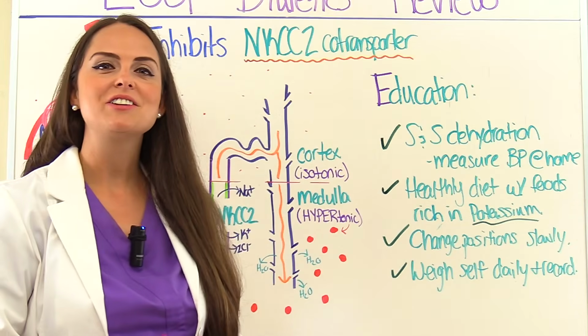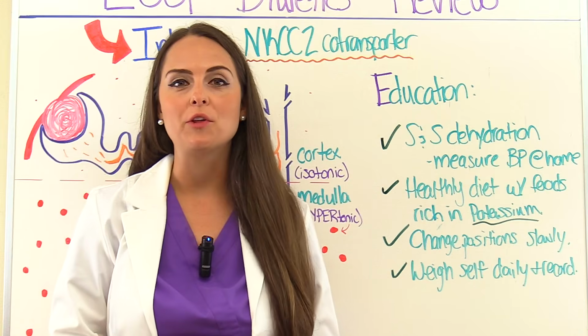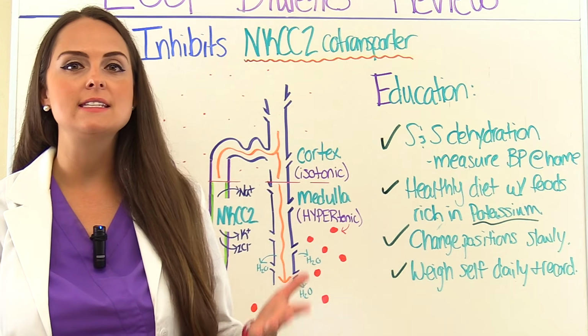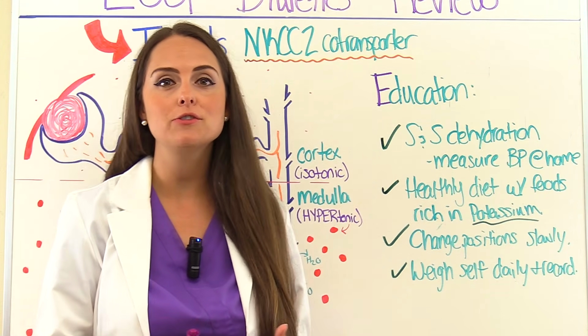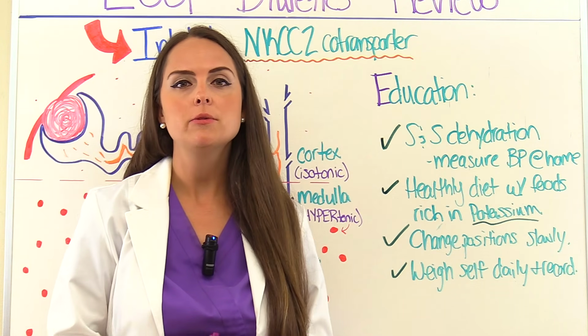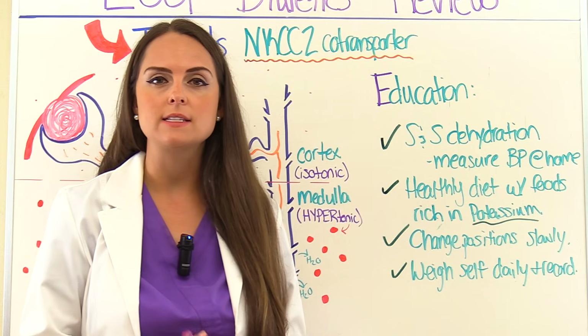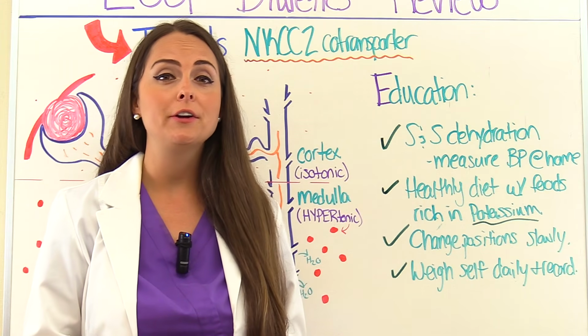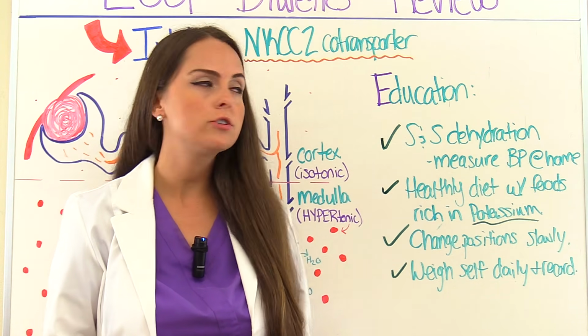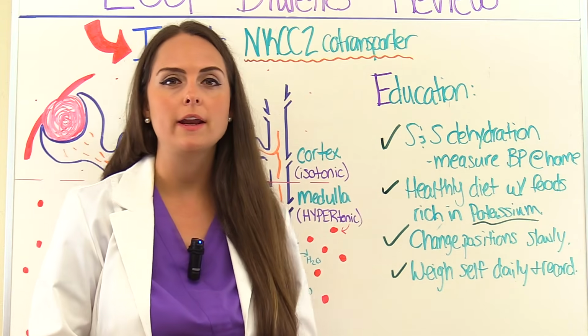Now let's wrap up this lecture and let's talk about the education pieces for the patient. So we definitely want to teach them to watch out for signs and symptoms of dehydration because they're going to be urinating a lot and we don't want to deplete their fluid volume. So you want to teach them to watch out for excessive thirst, where they're not urinating at all or they're really tired, and to monitor their blood pressure and heart rate at home.